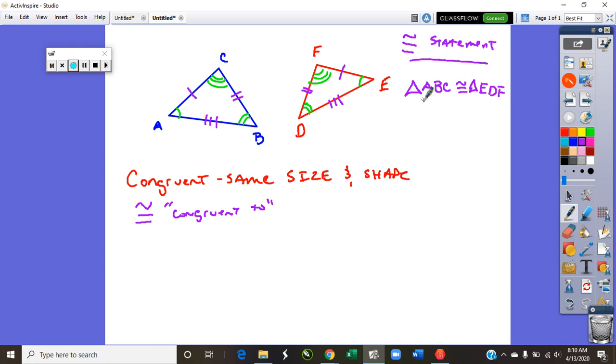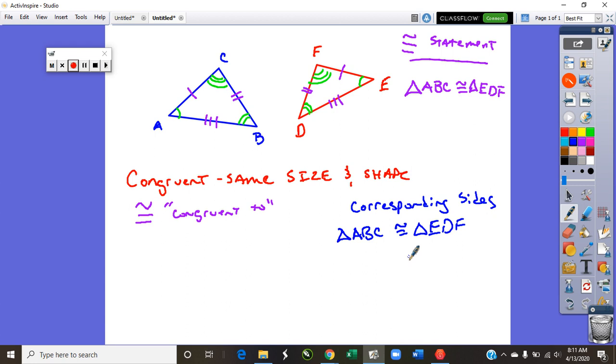So we've made our congruent statement. Now when we determine our corresponding sides for this figure, we're going to take that congruent statement, which we've already determined, triangle ABC is congruent to triangle EDF.